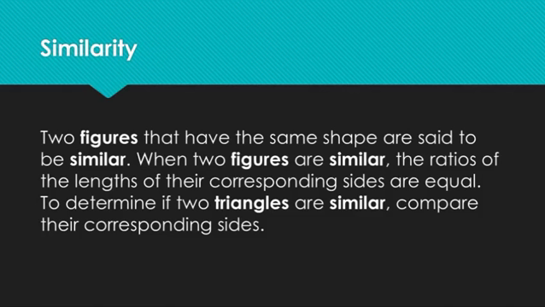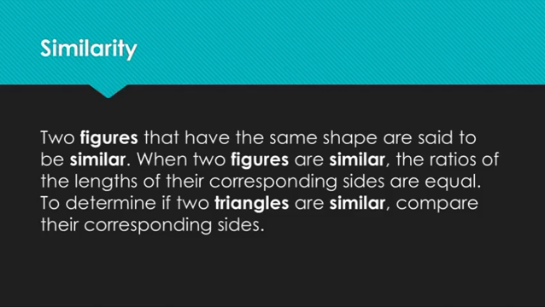When two figures are similar, the ratios of the lengths of their corresponding sides are compared. So I have two sides. Instead of those two sides being equal in length, now they're going to have a ratio. Those two lengths are going to be compared to each other.